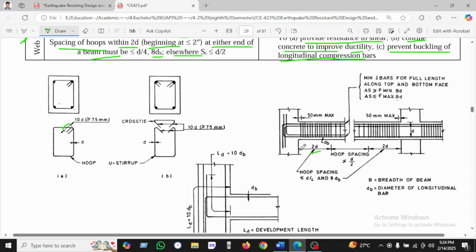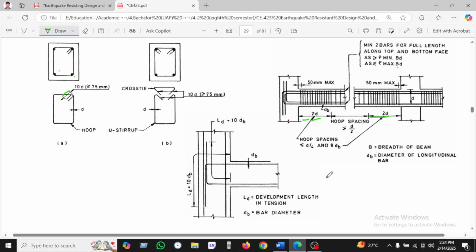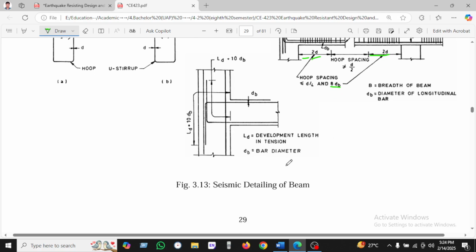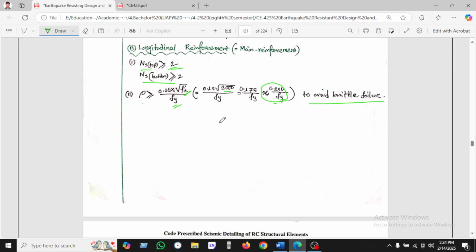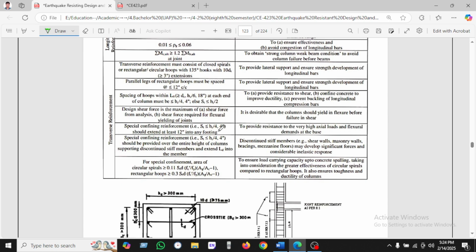So this is the 2D, where the spacing will be much denser, and after 2D there will be another dimension, and the length of the hoops spacing is d divided by 6, and this hoop ends at 8 db. Okay, we've been seeing here.